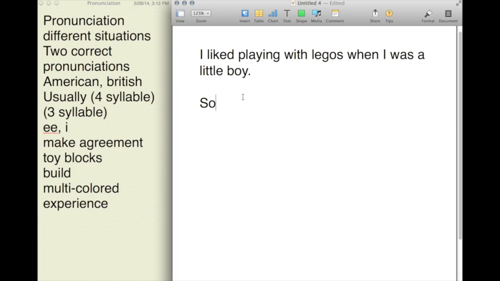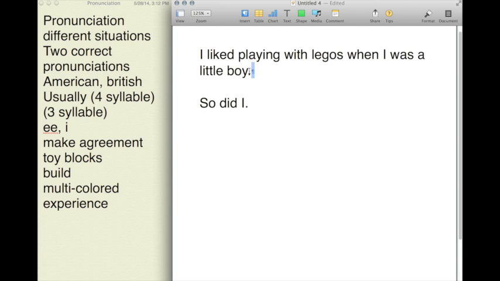So, what should we say? Should we say, so am I? No, because here we have an action, play, right? So if we want to agree with the action or the verb of play, we have to use do. But because it's in the past, we need to say did. So did I. So there are two people here.